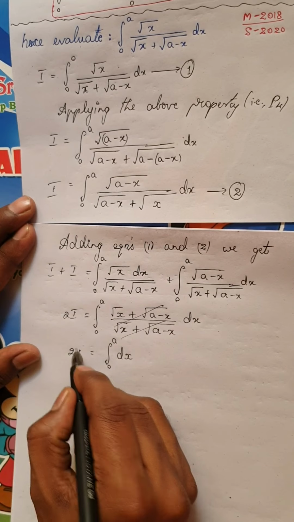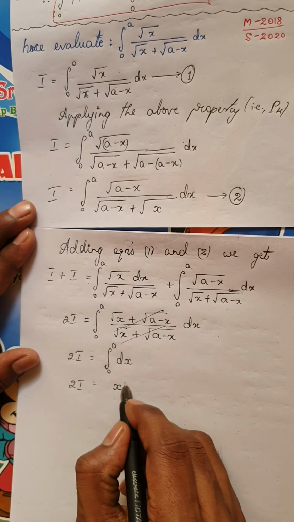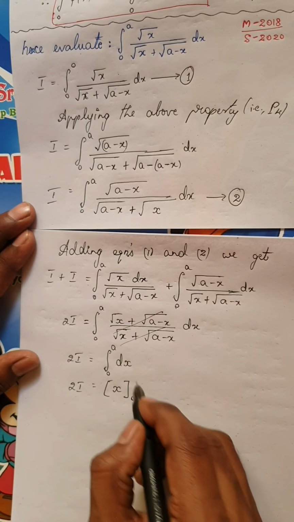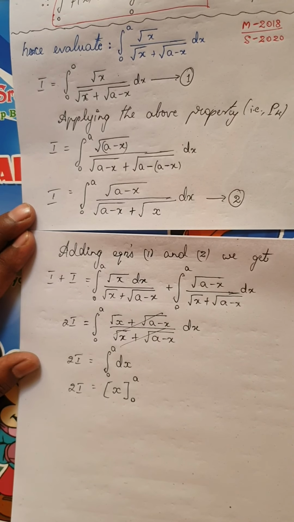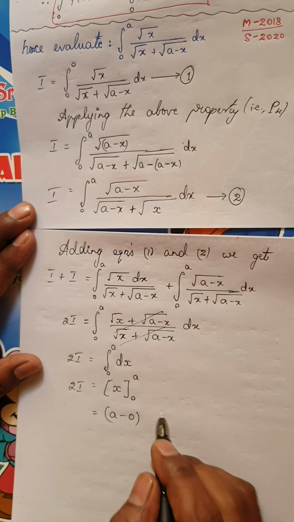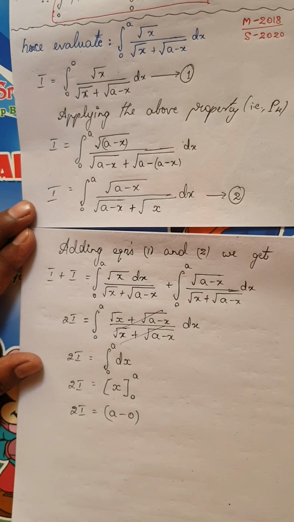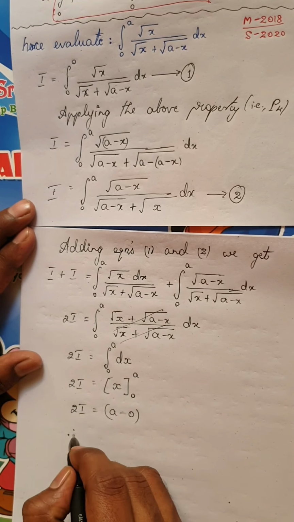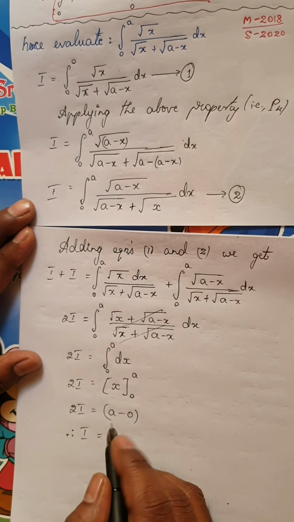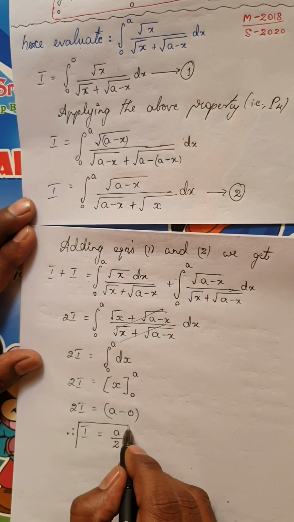So follow it in every step. So 2I is nothing but integral of dx would be x within the limits 0 to a. If you apply the limits, it will be a minus 0 simply, and this is nothing but 2I. Therefore, you can write I is nothing but a minus 0 is a divided by 2.